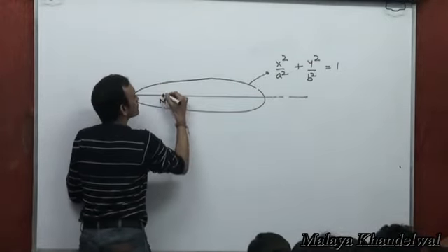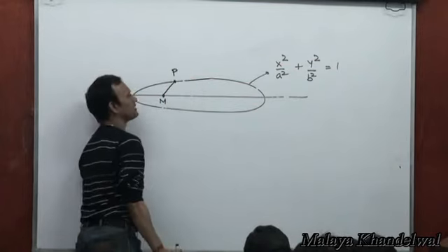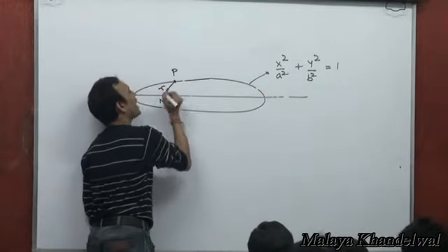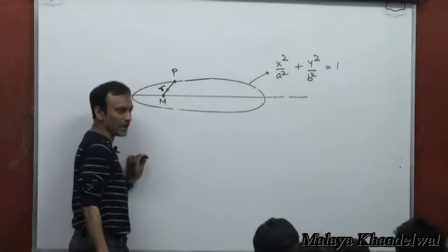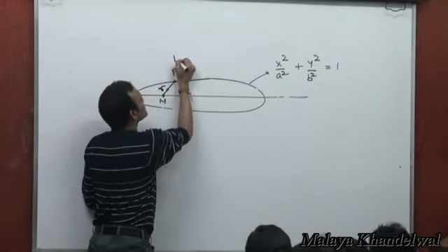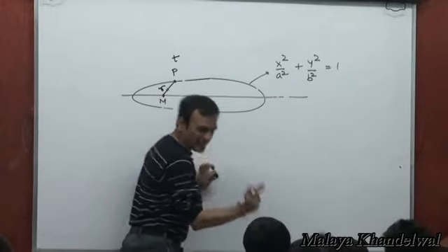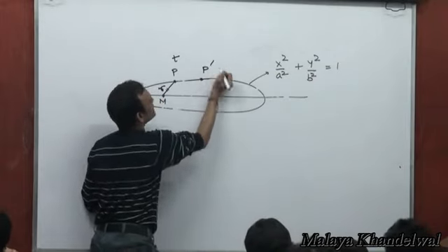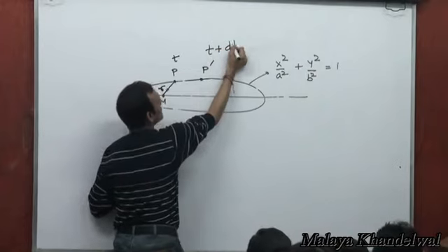Then let's say at a given instant t the particle of mass m is at P, at a distance small r from capital M, one of the foci. After a small time dt, let's say the particle arrives at P prime.